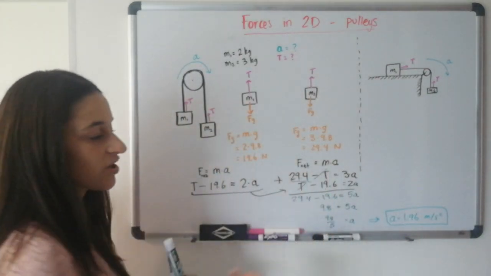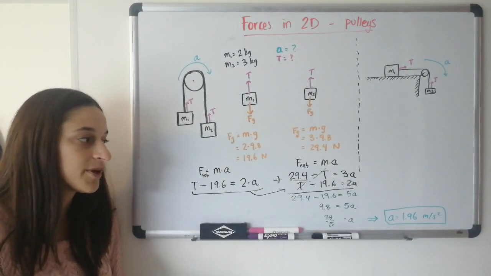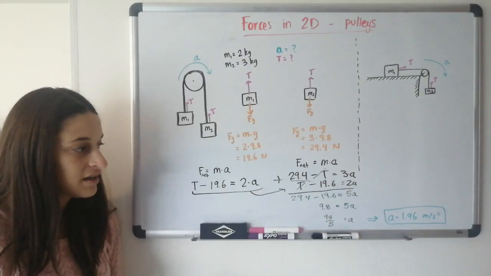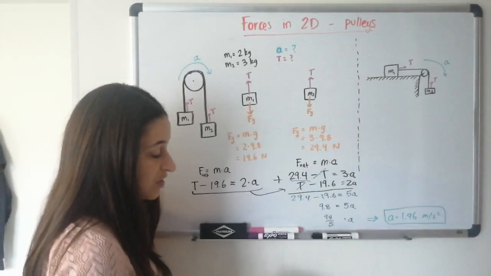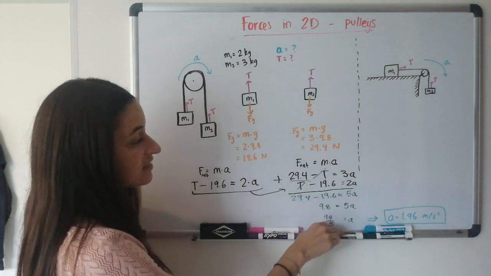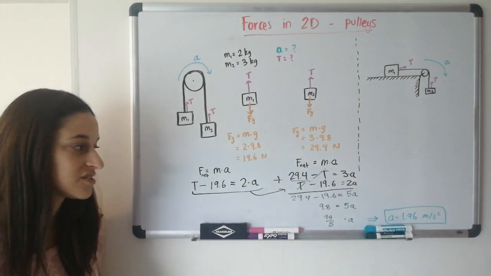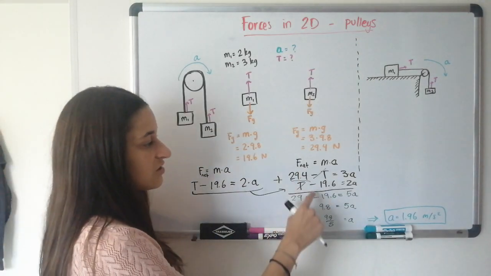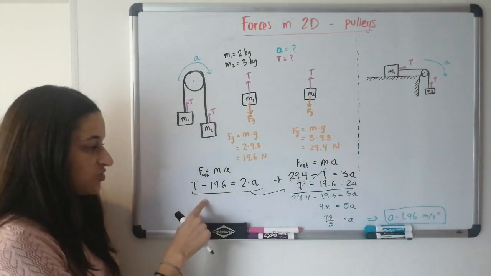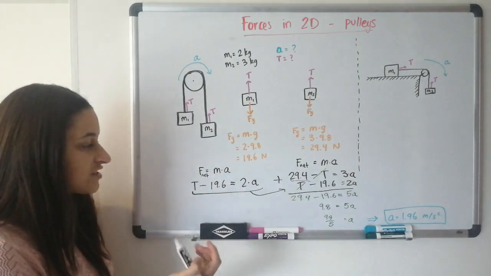So what we did here is try to solve for a by disappearing the T's so that we didn't have to worry about them, solving for a and getting a without the T. But as I told you before, we also want to find T. And now that we have a, it's really simple because we can use either of these equations. So I'm going to use this one just because it has T ready for us to solve here on the left side.